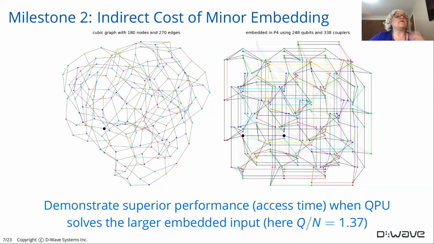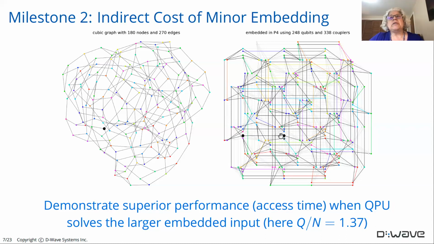And the second milestone has to do with this indirect cost of minor embedding. You get a problem that's defined on a general graph, G, but of course you have to minor embed it into the Pegasus architecture, the Pegasus connection topology that is a physical representation of the qubits and couplers in the chip. And what minor embedding does is it maps each node of the original graph, here's a big node highlighted, onto what's called a chain of qubits in the physical graph.